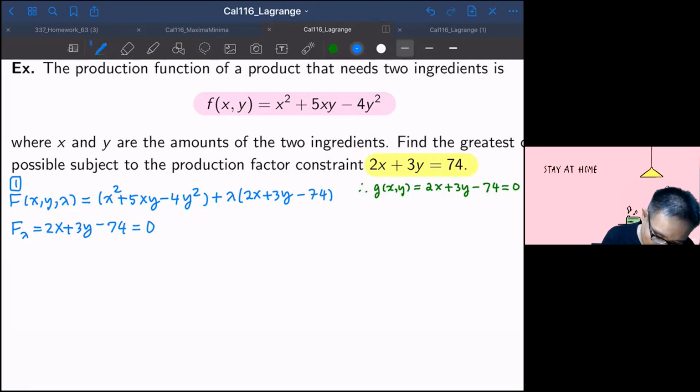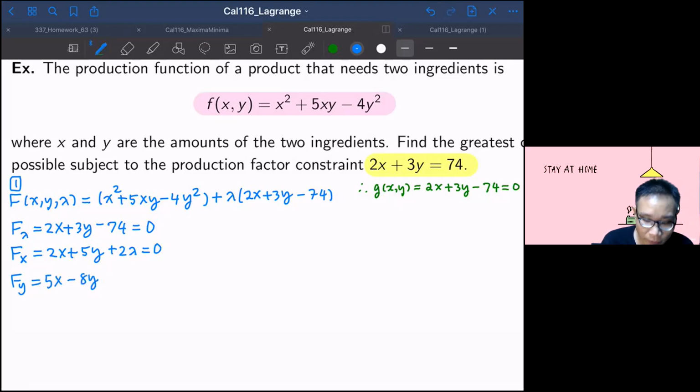And you have Fx, which will be 2x plus 5y plus 2 lambda equal to 0, and Fy equal to 5x minus 8y plus 3 lambda equal to 0.